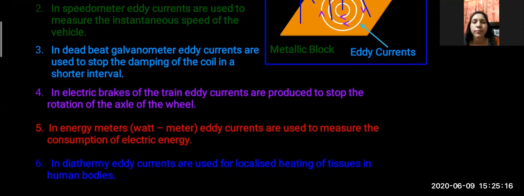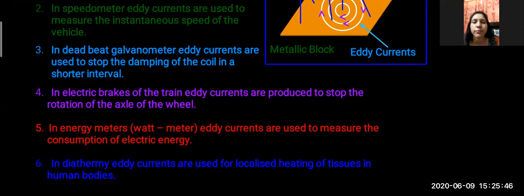Some undesirable effects of eddy currents are that they oppose relative motion. They involve loss of energy in the form of heat. The excessive heating may break the insulation in the appliances and reduce their life. How to minimize eddy current? The metal core to be used in appliances like dynamo, transformer, choke coil, motor, etc. is taken in the form of thin sheets.